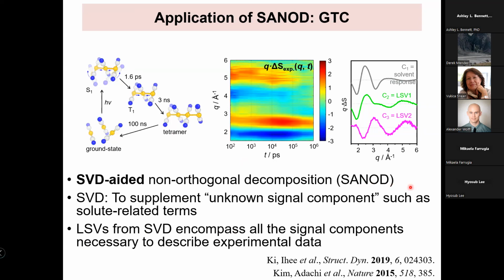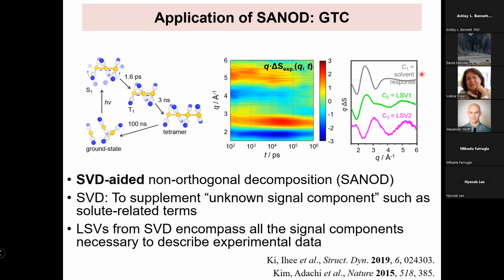In the SANOD method, the unknown shape of the solute terms can be supplemented by using the information obtained from the SVD analysis. Here, in addition to the shape of the solvent term, the shape of the solute terms can be supplemented by utilizing these two left singular vectors obtained from the SVD analysis.